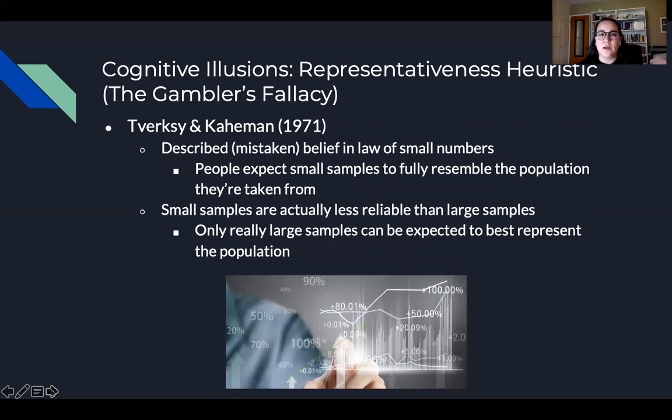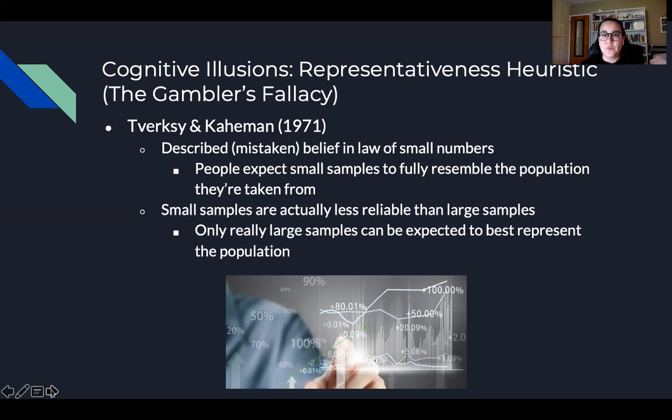And somewhat related, something that sort of plays into this gambler's fallacy is what Tversky and Kahneman called people's mistaken belief in the law of small numbers. So the idea here is that people expect small samples, whether it's of people, of coin flips, of trials and experiments, of roulette wheel spins, to resemble in every respect the populations from which they're drawn.